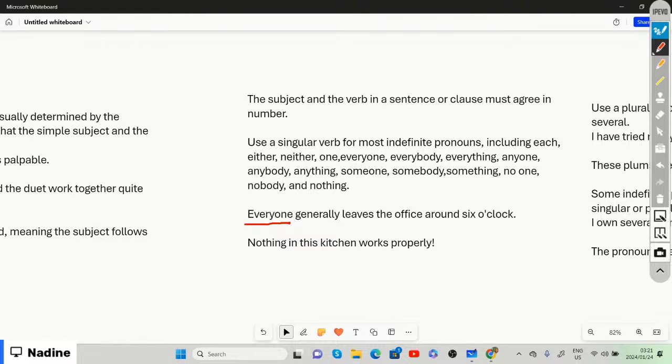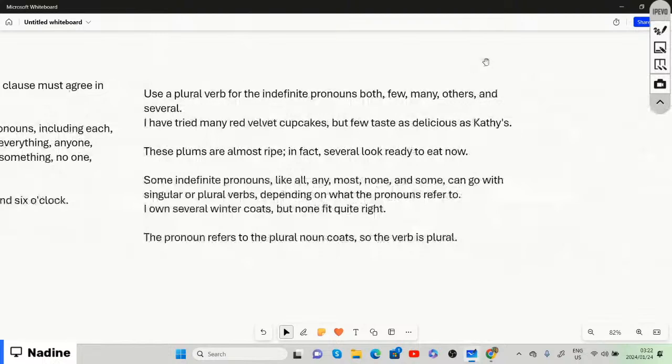Or we can say nothing in the kitchen works properly, right? So we use a singular verb for most indefinite pronouns, and we went over a list of indefinite pronouns.